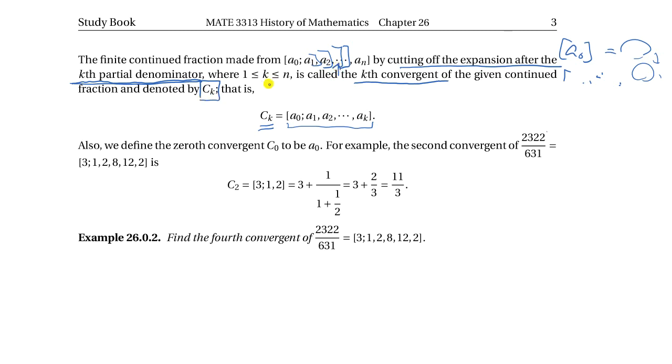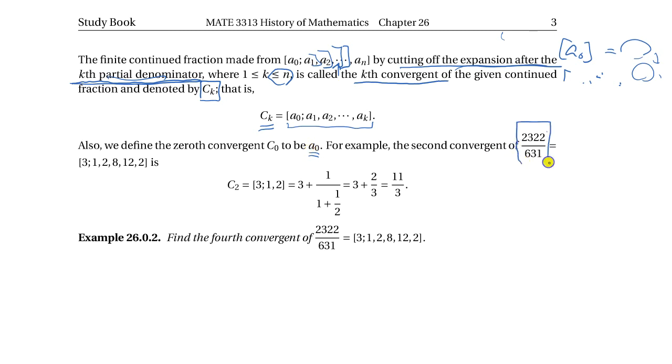So this k could go up to just n, right? That's the last one. And of course, the starting value for k is actually 0, right? The reason we put 1 earlier is that we were looking for the denominator. So a0 is not a denominator, but eventually k could even be 0, right? So C sub 0 is simply a0. Okay? So that's the initial value for the sequence, and you can just build up this finite sequence from that. So let's pay attention to that.